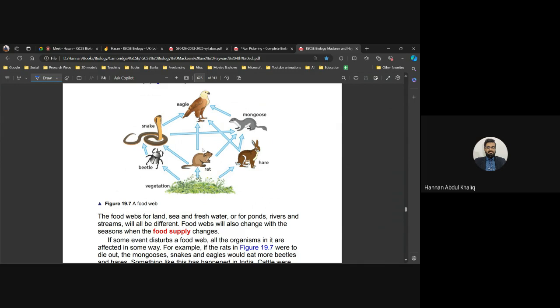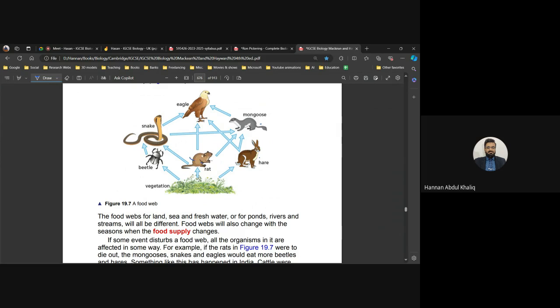Now, let me give you a small idea. When we come back to the food web, we'll see that an eagle has many targets: hare, rat, mongoose. The snake has two diets: beetle and rat.